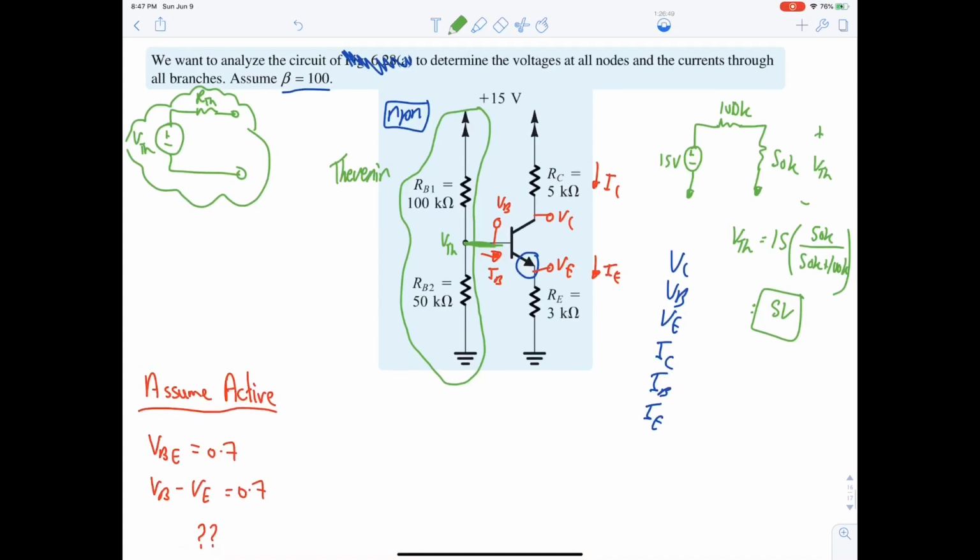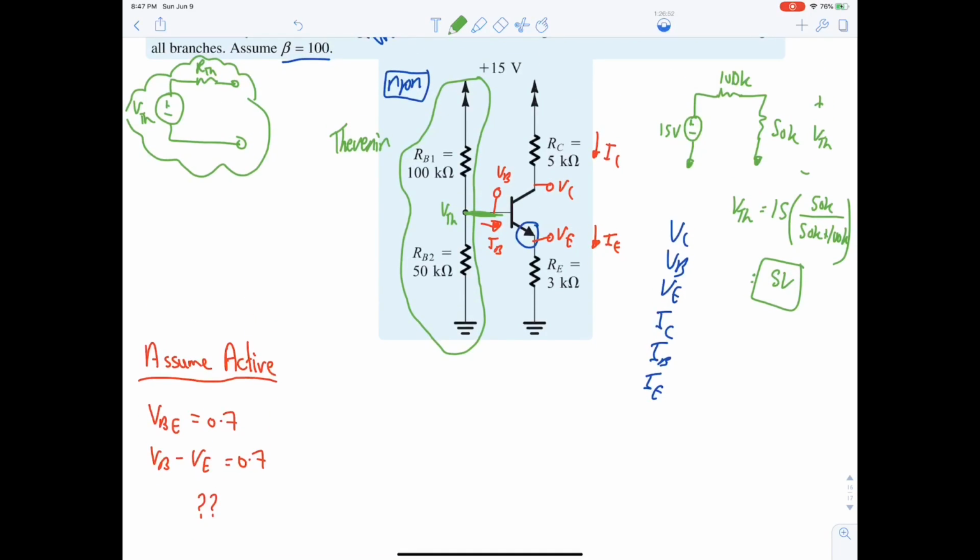So now we have found VThevenin. We are left with RThevenin. How do we find RThevenin? We have to look from this side, and all voltage sources become short circuit and current sources open circuit. Here we have only a voltage source, so we do a short circuit.